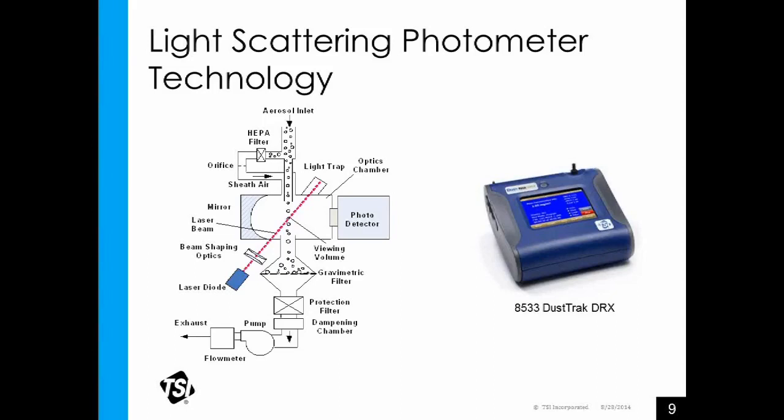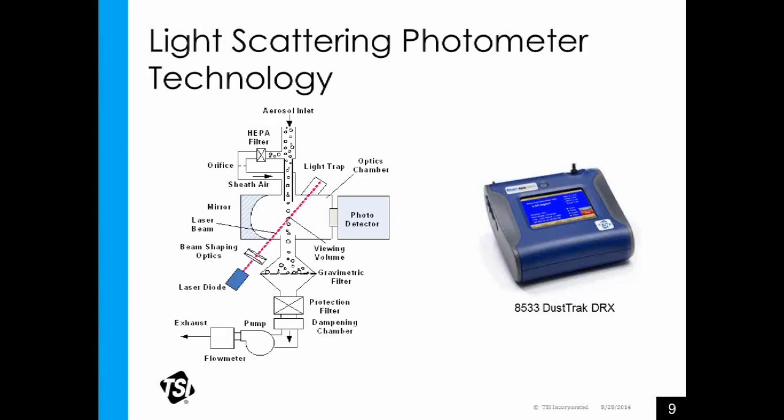The air comes through the optics chamber where there's a light source. It's either a laser diode, some kind of wavelength. There's focusing optics. That light will illuminate that fog of aerosol, and the light will scatter off the mirror and be focused to a photodetector. So the photodetector will read those light flashes and measure how bright it is and send a reading to the instrument, which then displays what that mass is.